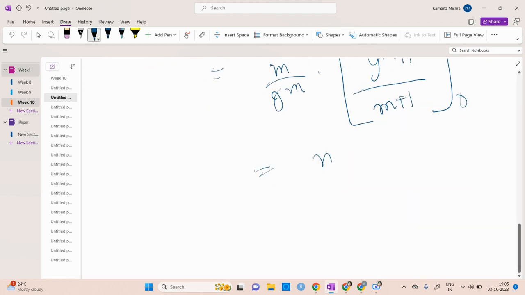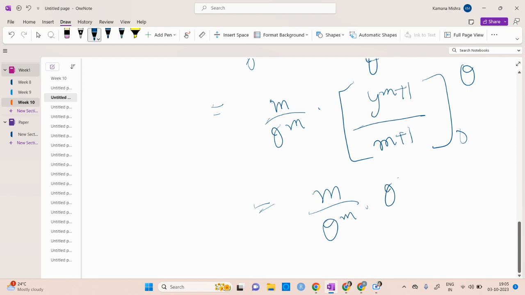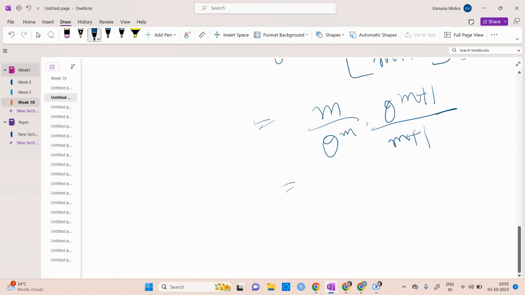So it will be m upon theta to the power m. On putting 0, it will be 0. On putting theta, it will be theta to the power m plus 1 divided by m plus 1. So now it will be m upon m plus 1 theta.